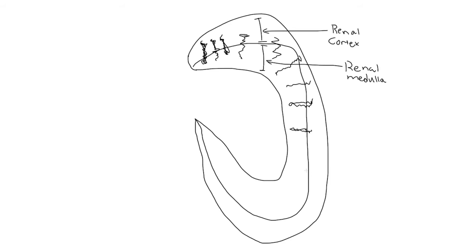You're going to have them go all the way through your kidney. And they're going to exist both in your renal cortex as well as your renal medulla. So the top halves of them are going to be in the renal cortex, and then some of the bottom parts are going to be in the renal medulla.